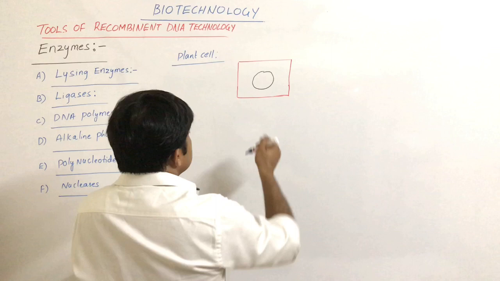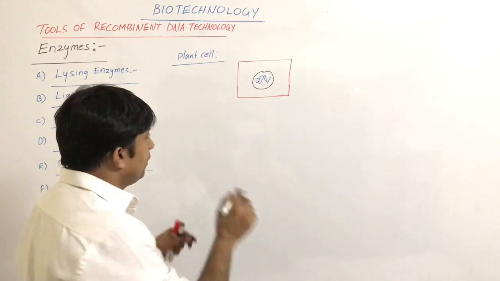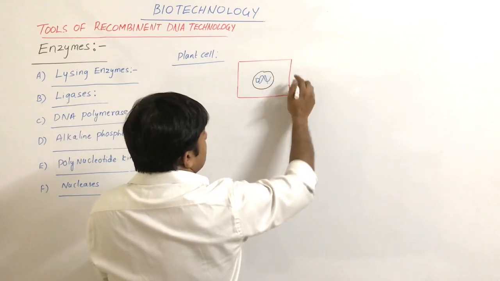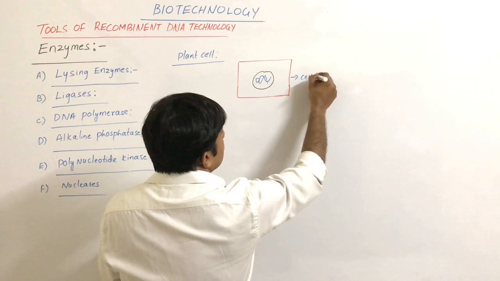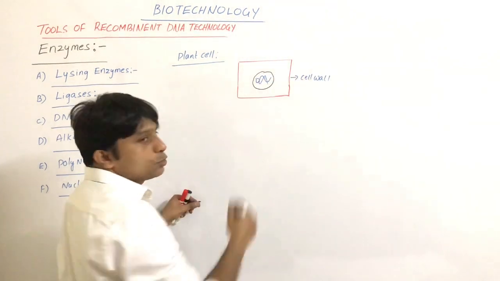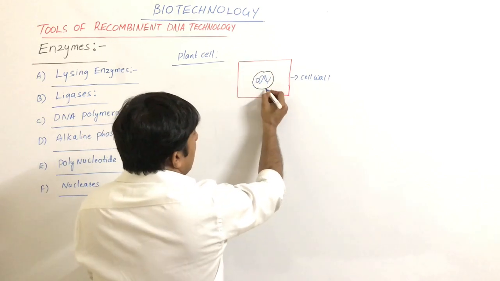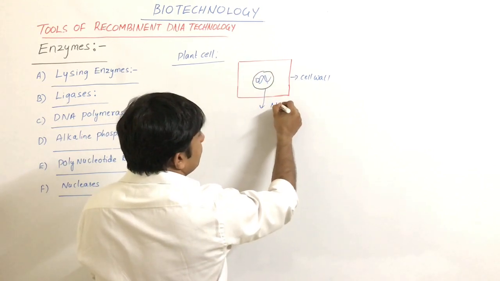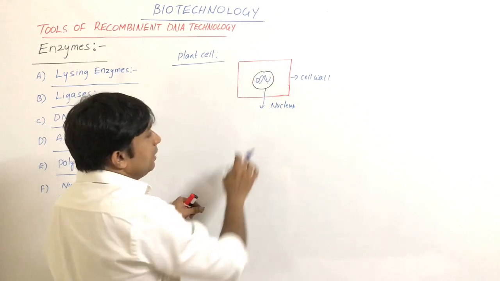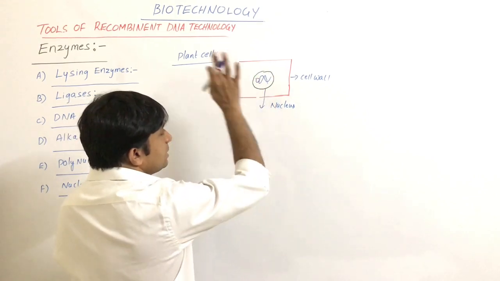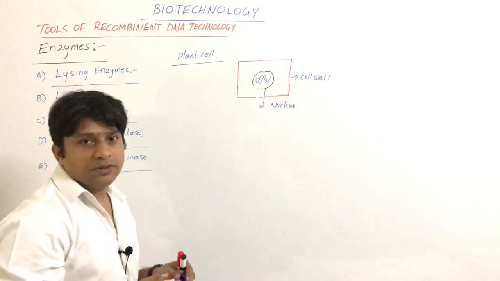Then this is the DNA. So first the cell wall of the plant has to be dissolved. Then the cell membrane. After that, this is the nucleus, nuclear membrane, and after opening the cell and the nuclear membrane, then we can reach the DNA.